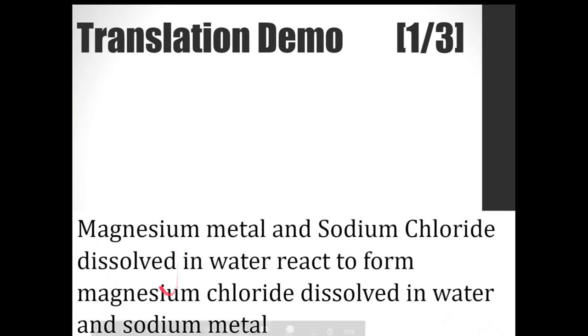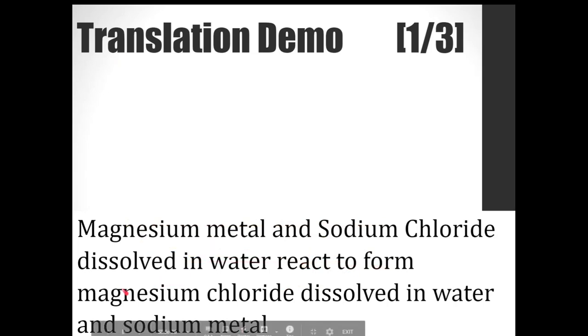All right, so if I have this, magnesium metal and sodium chloride dissolved in water react to form magnesium chloride dissolved in water and sodium metal. So first off, I check for directionality. It says that stuff reacts to form other stuff. This is then in the right order. It's saying this is the stuff I started with.